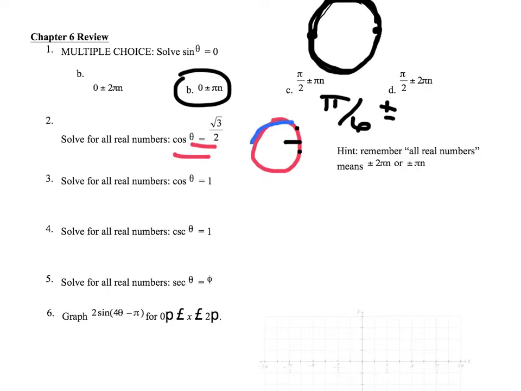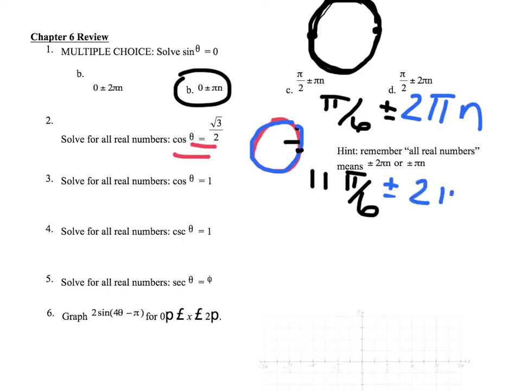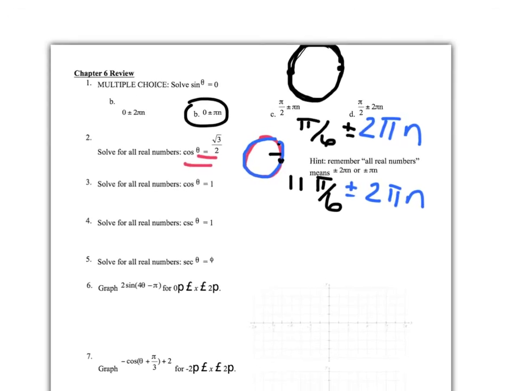So we're going to go all the way around, add 2 pi, so 2 pi n. For the 11 pi sixths, same thing. You're going to add an entire circle, plus or minus 2 pi n. So when it says solve for real numbers, you need to make sure you either add on 1 pi n or 2 pi n, depending on where you're hitting.